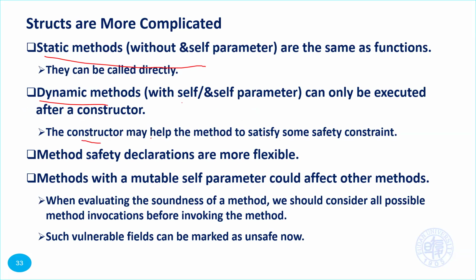So the constructor may also contribute to some safety assurance related to the safety constraint. And the method safety declarations are more flexible. We will give examples to show the flexibility. And a method with a mutable self parameter could affect the soundness of encapsulation of other methods of the struct.